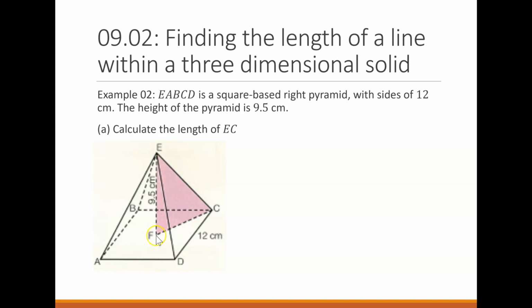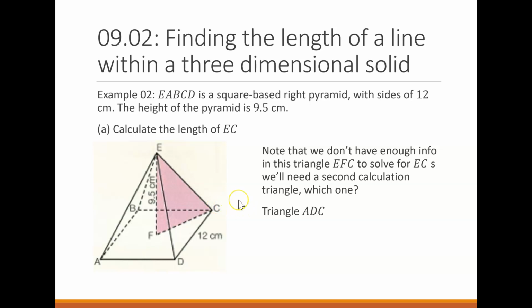Now, why is that got to be half? If this is a right pyramid, F is at like the very center of that figure. Everybody's okay with that? If this wasn't a right figure, then all bets are off, but it is, so we're good.